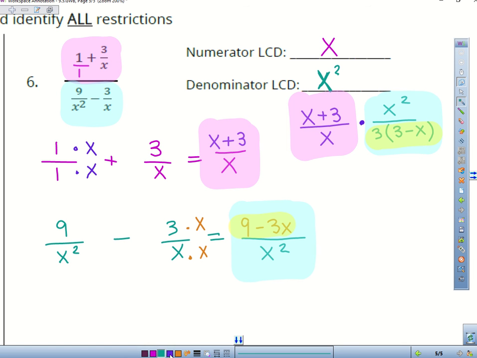Now, before I make this into one big fraction, I can start cross-canceling a few things. I can cancel this x out with this x, but this one still keeps an x. Can I cancel out these two, the x plus 3 and the 3 minus x? Yeah. Even if we do the -1 thing, why can't we do it?